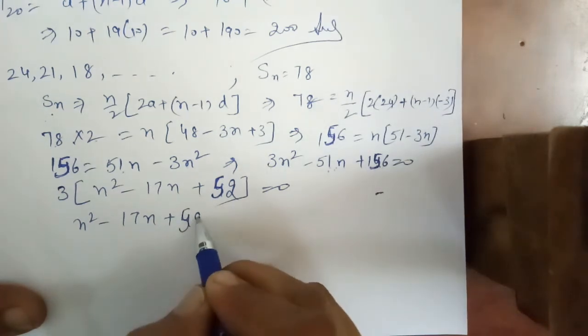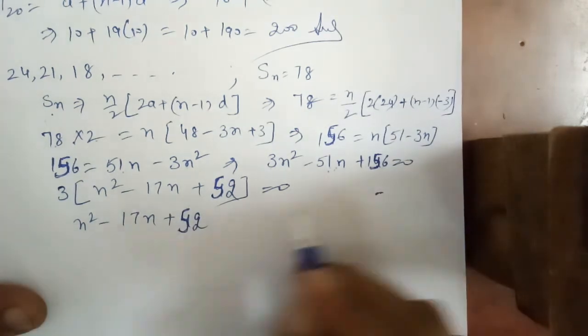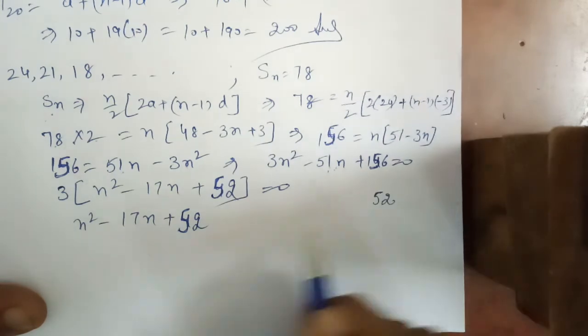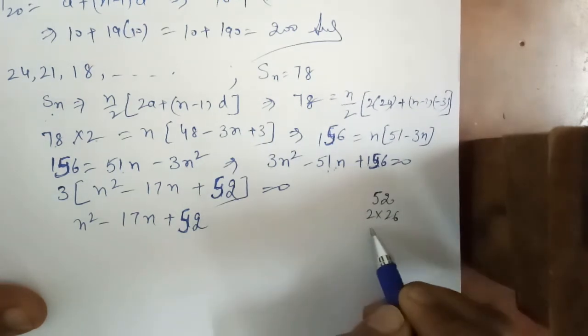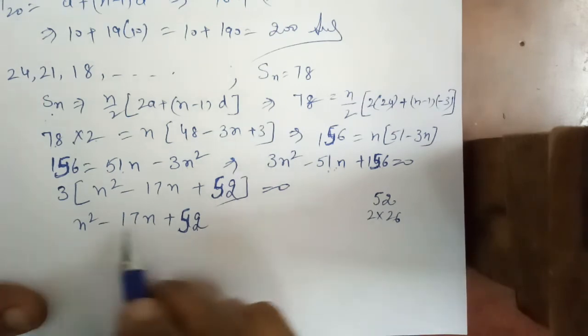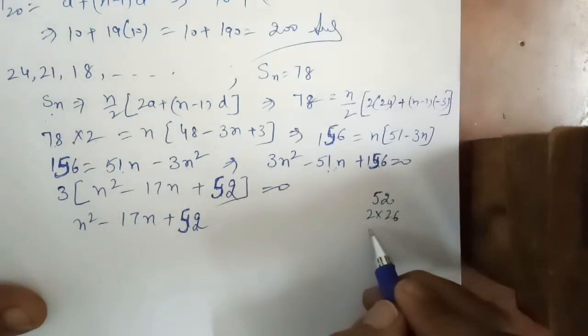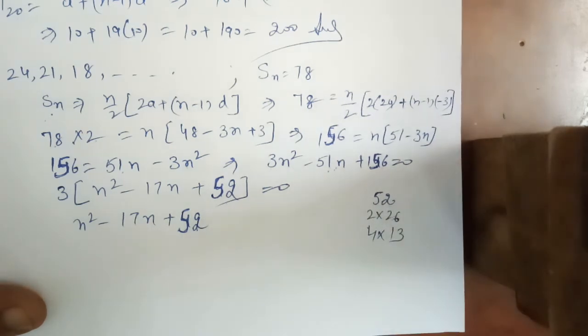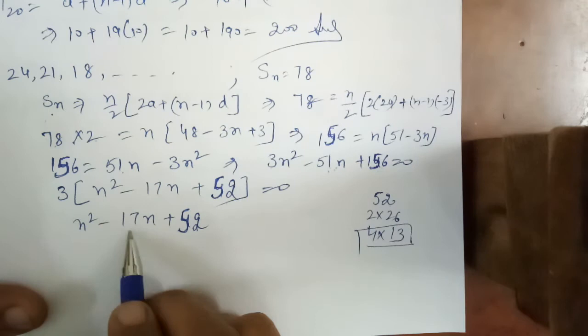So it will be 52. Now 52 at the table of 26, because 17 was not adjusting according to 49. So we have to check it again. Now we cannot go to the table of 3, we will go to the table of 4. 4 into 13, this is the factor.